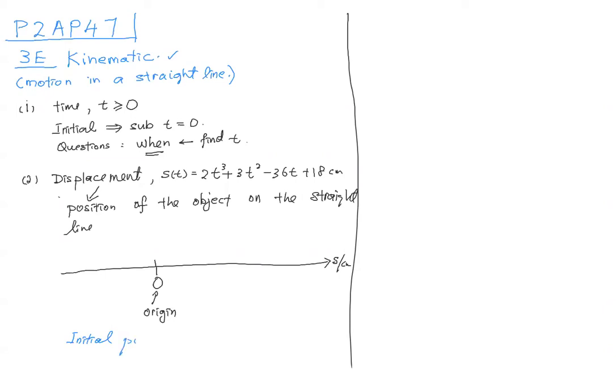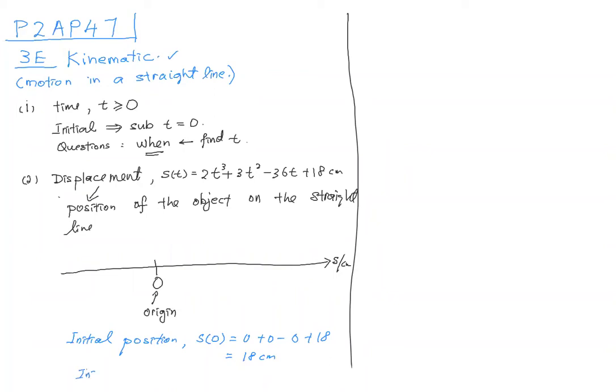When I say initial position, I'm talking about S0. So I substitute T equal to 0: 0 plus 0 minus 0 plus 18, so 18 cm.